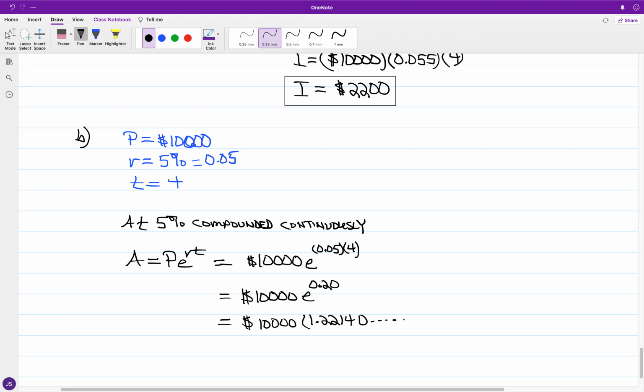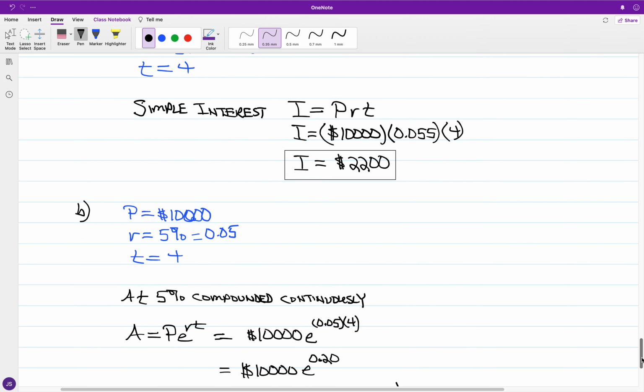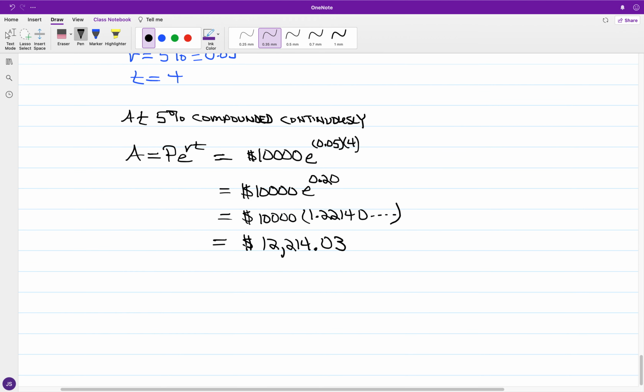And with the future value, we're converting in terms of dollars and cents, so you have about 12,214.03. Notice the 2,200 was the amount of interest, whereas the 12,214.03 is the future value.